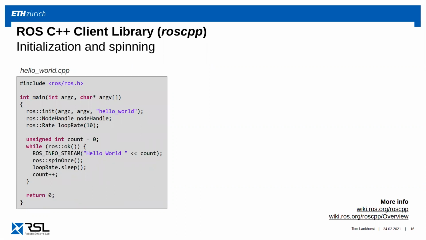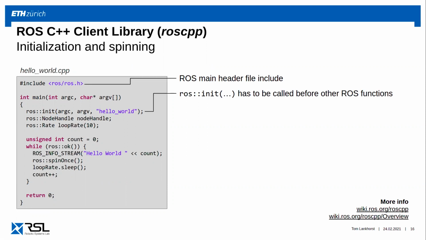Let's take a look at this simple Hello World CPP file, which will explain initialization and spinning in ROS. The first thing that we see is that we include the typical ROS header file, ros/ros.h. The next thing, which is required in every single ROS node, is to call the ROS init function.